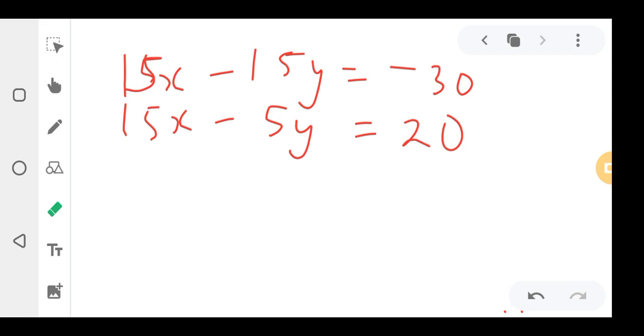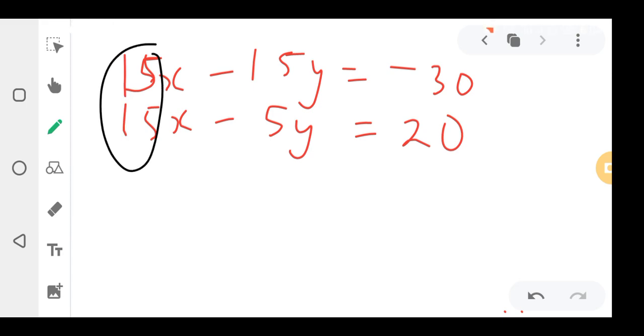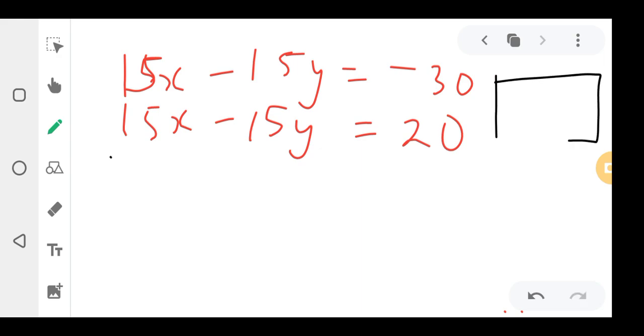Okay, this is it. You have made these numbers the same. Our target is to make the numbers the same, 15, 15. And whenever these numbers are the same, you bring that box: same signs, subtract, different signs, add.